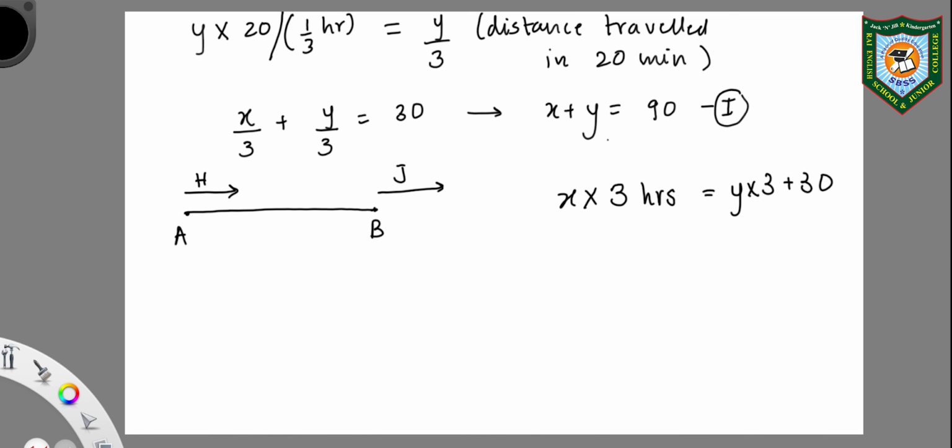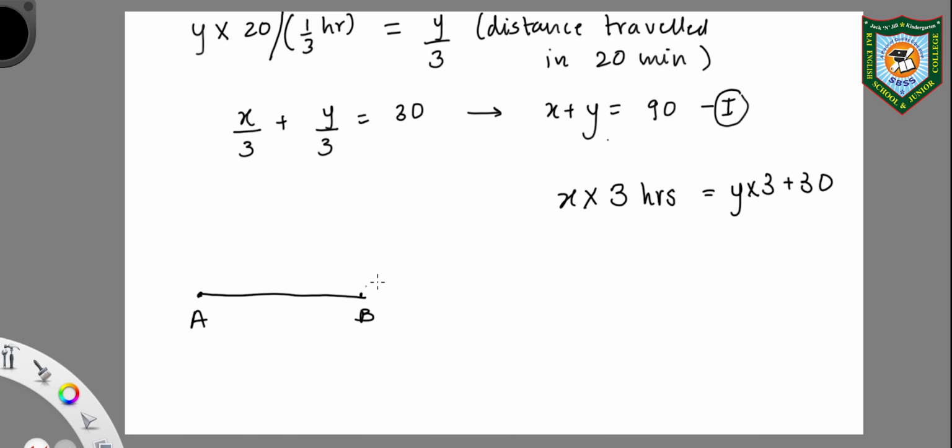Now, how to explain this particular equation? Let's do this once again. Let's say this is A, this is B. Now, Joseph is going to go in this particular direction. So let's say Joseph travels this amount.